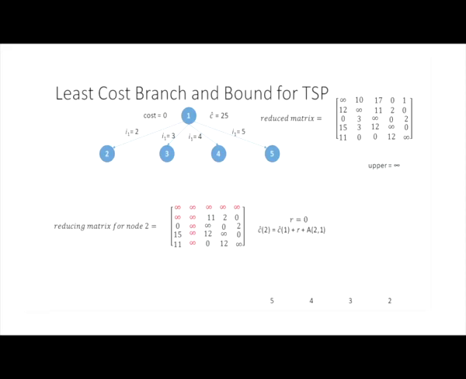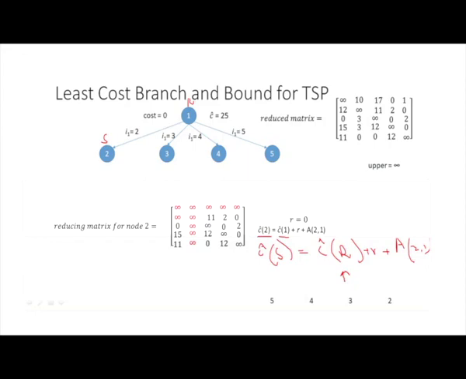How do we obtain C cap for node number 2? It is simple. R was this, S is this. If you remember, C cap of S is equal to C cap of R plus R plus A of 1 comma 2, that is, in our case, A of 1 comma 2. So what is C cap of R?